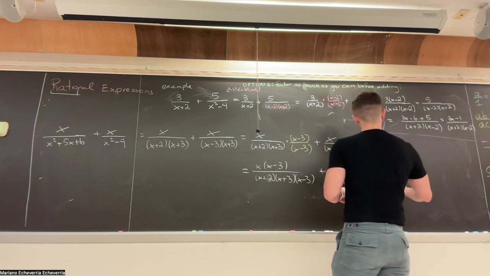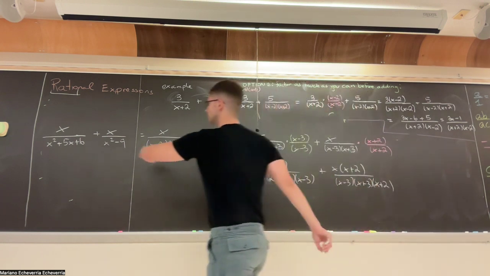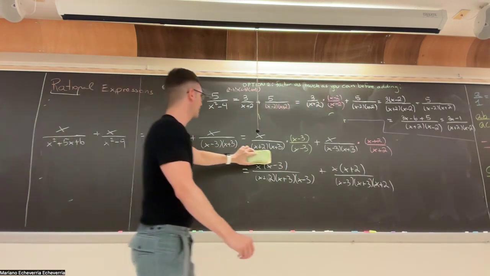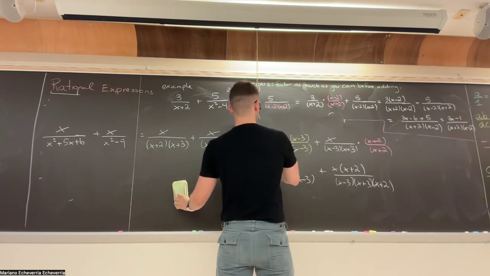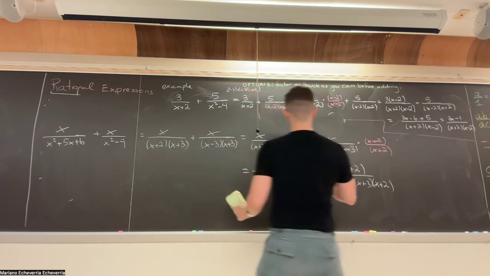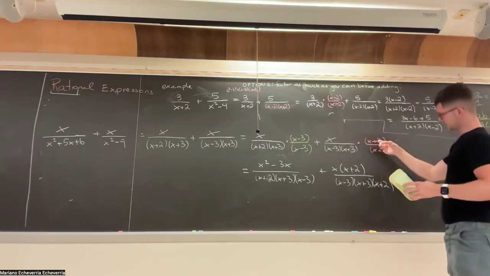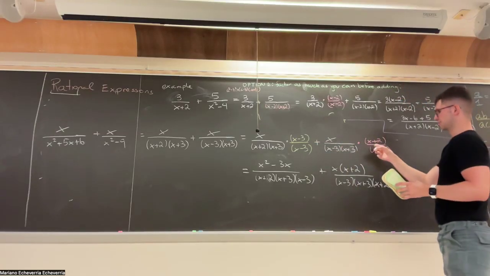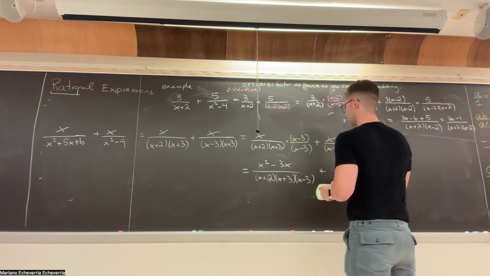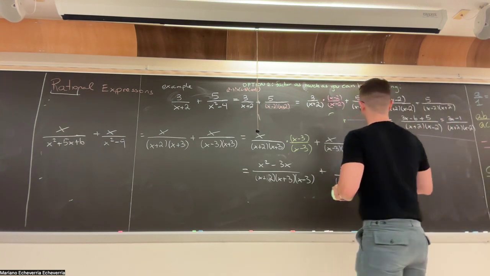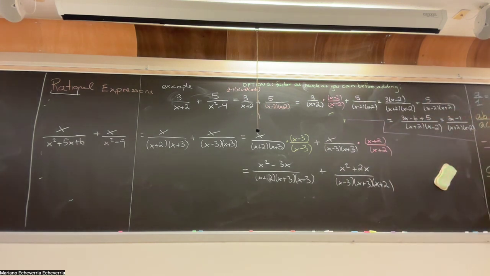In fact, let me do the product. What is the first numerator? You distribute: x times x minus 3 gives you x squared minus 3x. The second numerator is x times x plus 2, which is x squared plus 2x.